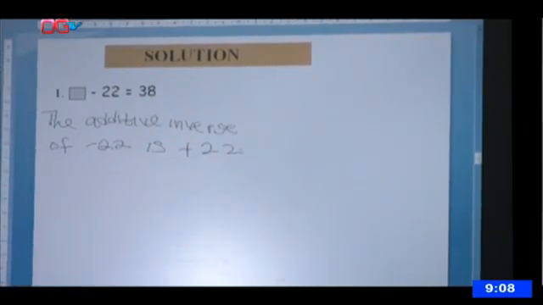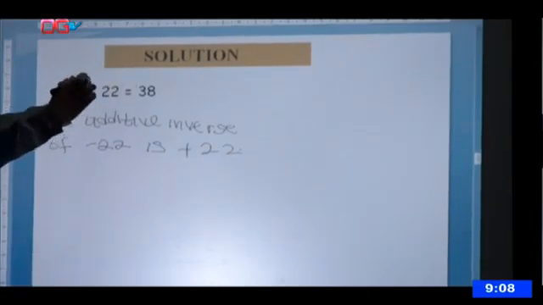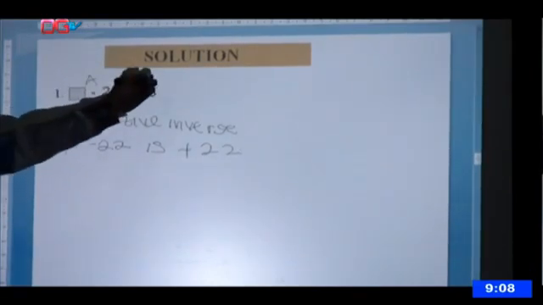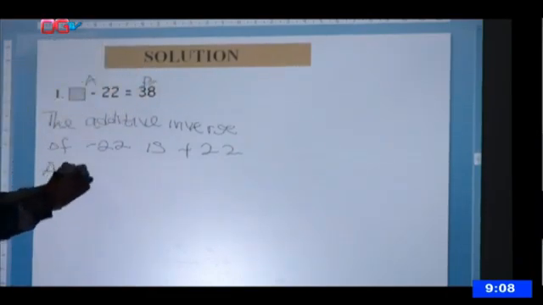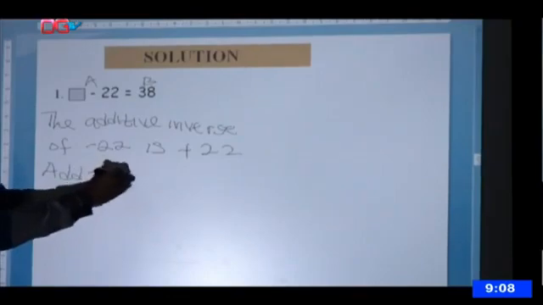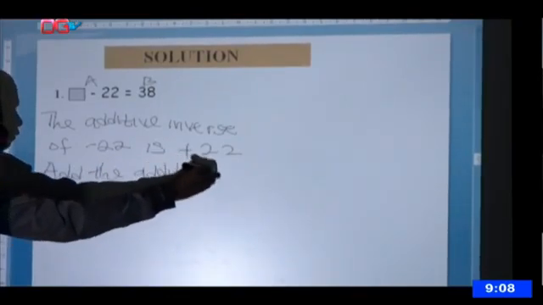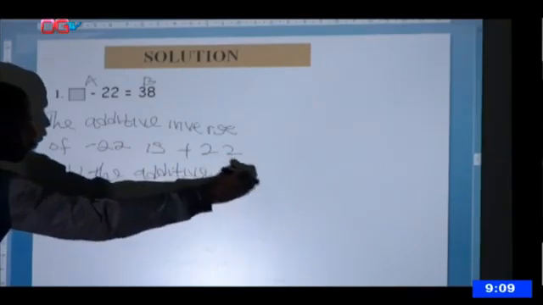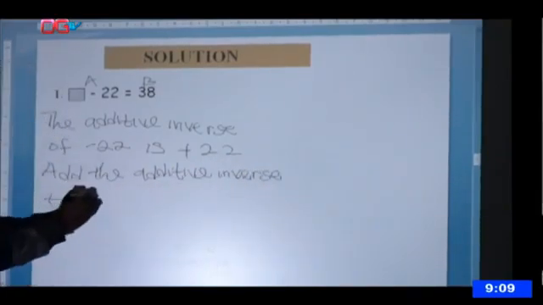Then the second step is to add the additive inverse to both sides. Remember, we have two sides, side A and side B. So add the additive inverse to both sides.